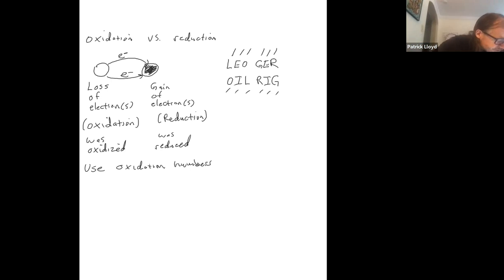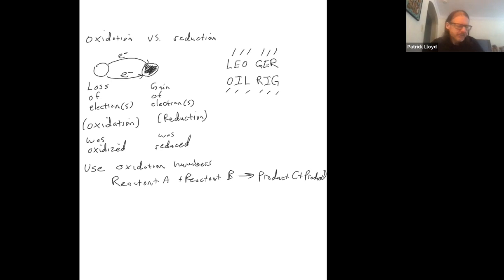So in general, here's what happens. You look at the equation and you look at the reactants. A, B, C, D, right? Reactant A plus reactant B gives you product C plus product D. Sorry, it's hard to see.